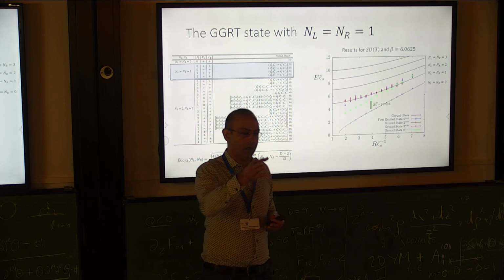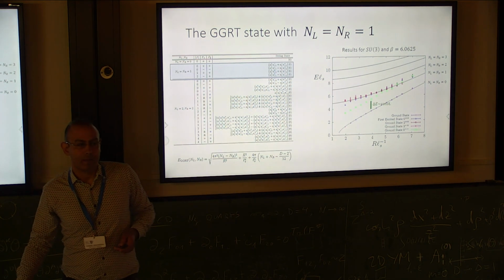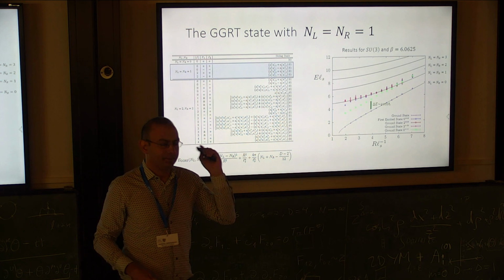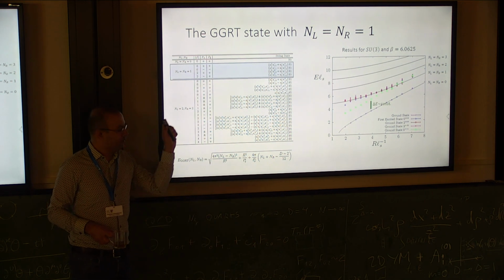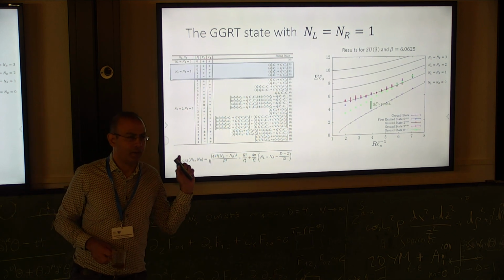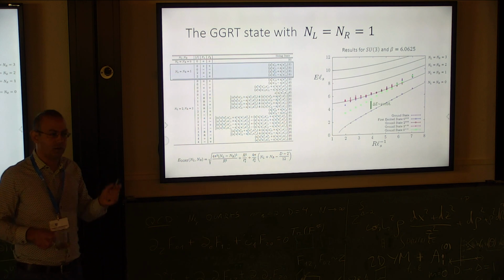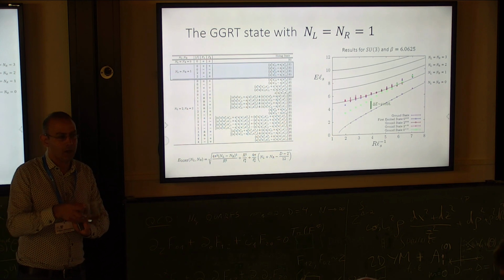If I can add a comment, in the open string case you see the 1 over r log r, the one gluon exchange. Precisely. In the simulations there is obviously no effective string there. The results that I will demonstrate for the open flux tube can approach the perturbative regime quite close.